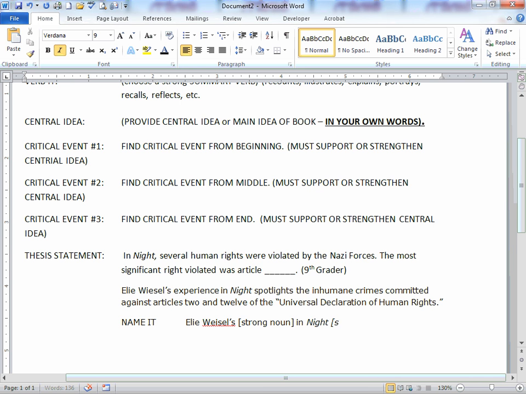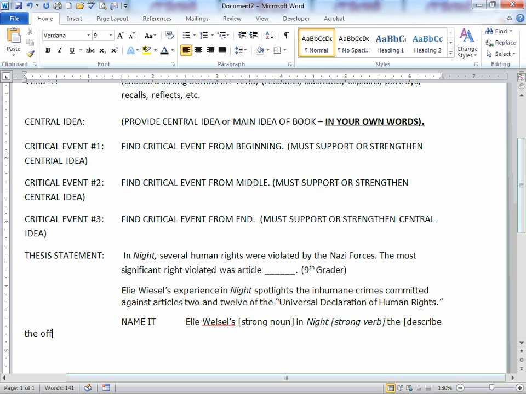So you want to have a strong verb. And then describe. So now this is the one time you could probably treat. So you could say spotlights, then describe the crime.